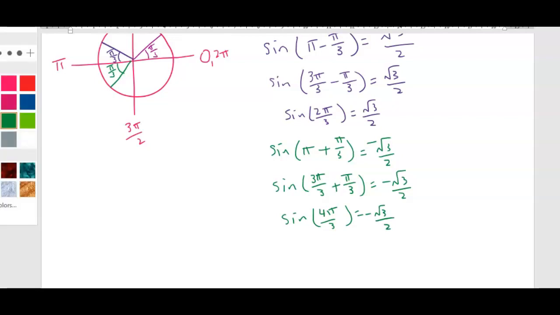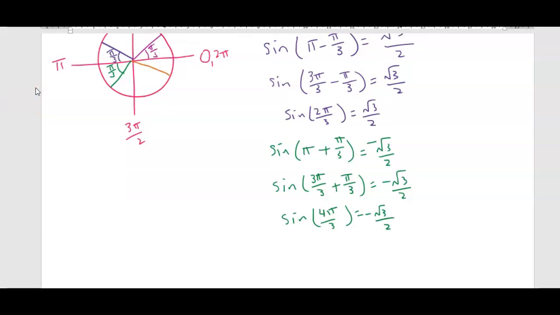And then our last one, what colour can I do? Let's do orange. All right, so this time we've got 2 pi minus pi on 3. Again, we're in the negative quadrant, so negative root 3 on 2.